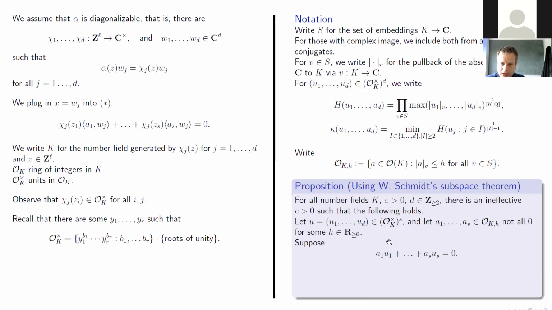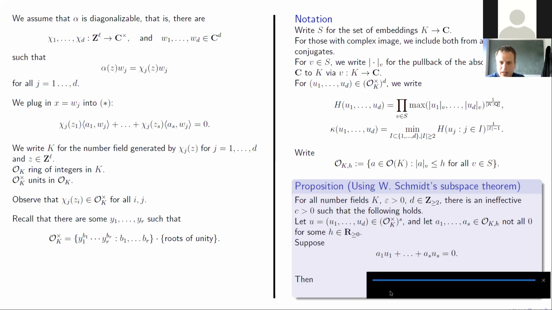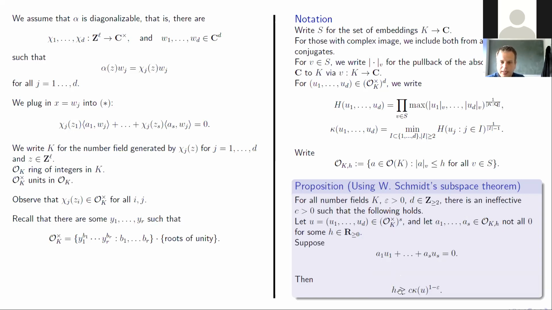So suppose that this linear combination vanishes, then it must be the case that this h parameter is at least some constant times this kappa parameter of my units to the power 1 minus epsilon. And if you work out what this means, then this will turn out to contradict this equation.